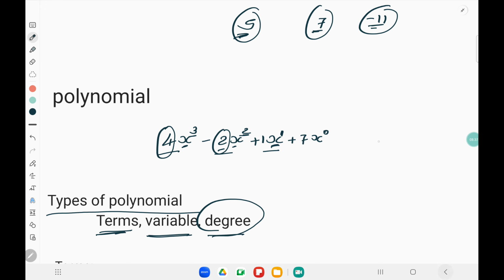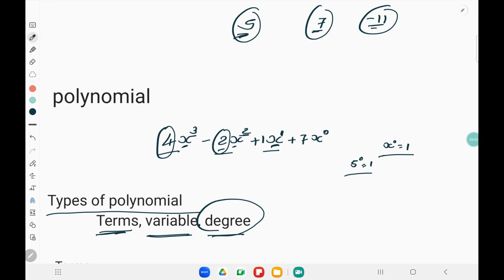If any variable or number has power 0, for example 5 to the power of 0, what would the answer be? It is 1. Power 0 doesn't mean it equals 0. It means 1 always.